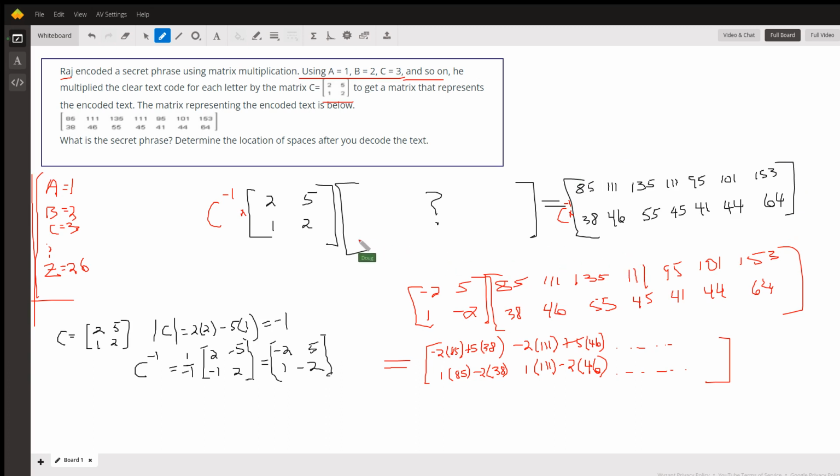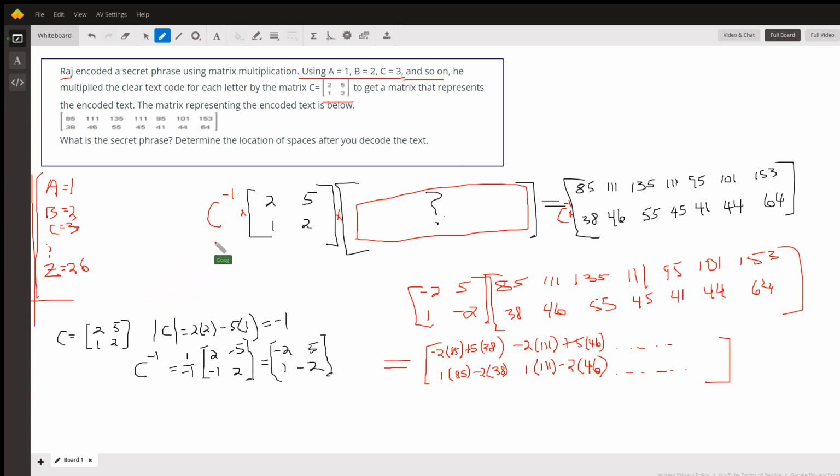And we want to find out what did we multiply C times to get this encoded matrix.